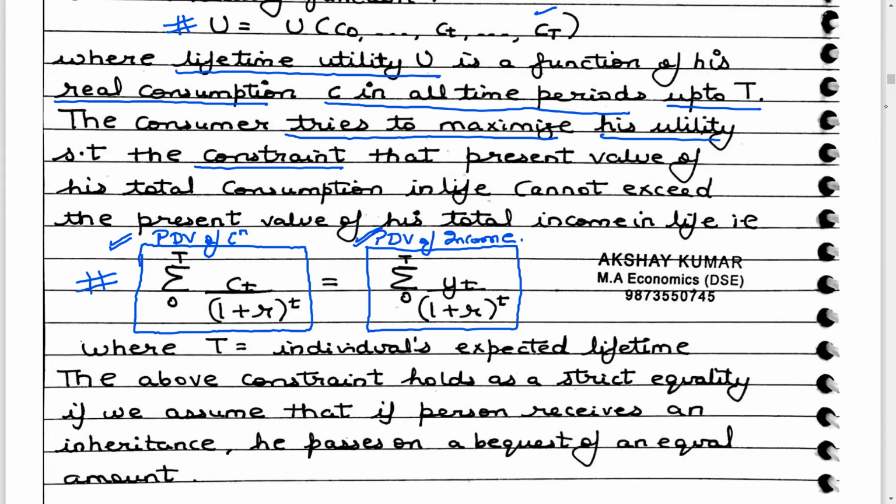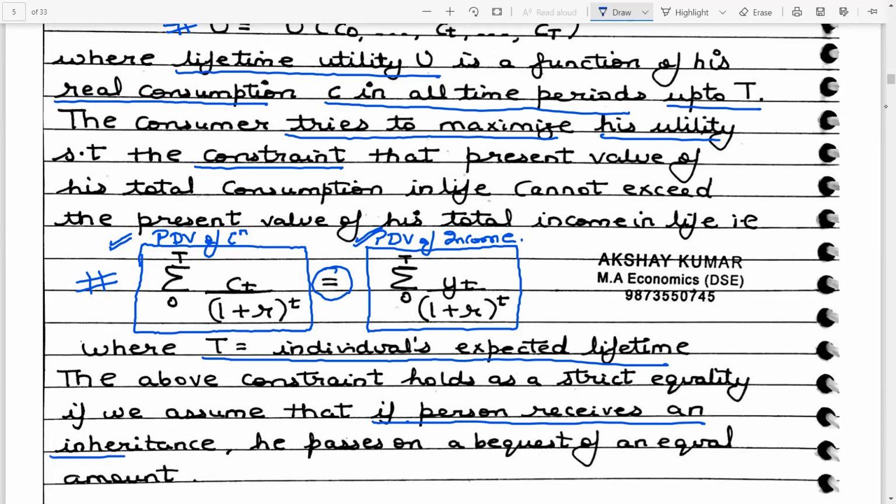This is the present discounted value of income. The model assumes that the individual is expected to live until time period capital T. Every individual is born at time period 0 and is expected to live until the time period capital T. Also, you can observe that this constraint is at the equality. Why is it at the equality? Because the assumption is that if the person receives an inheritance, he passes on a bequest of an equal amount.